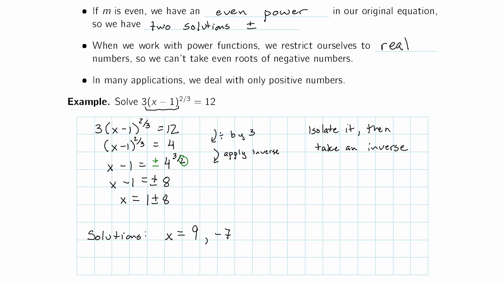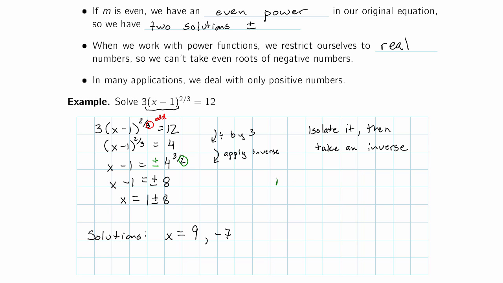And our denominator here is odd. So we are not at risk for extraneous solutions. We don't have to check.